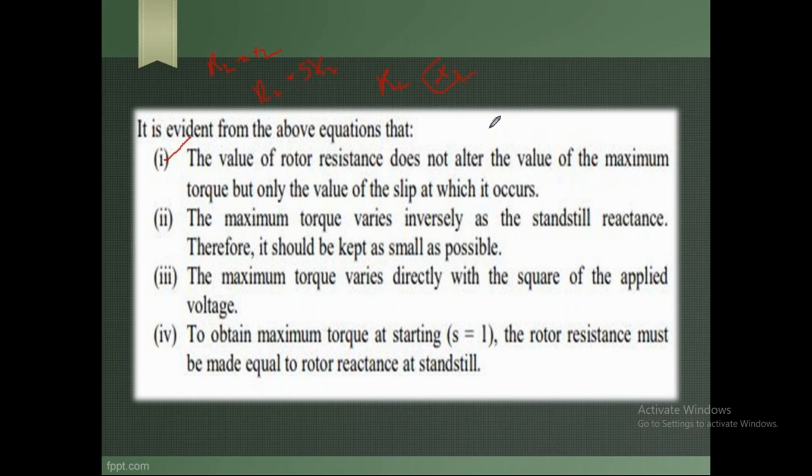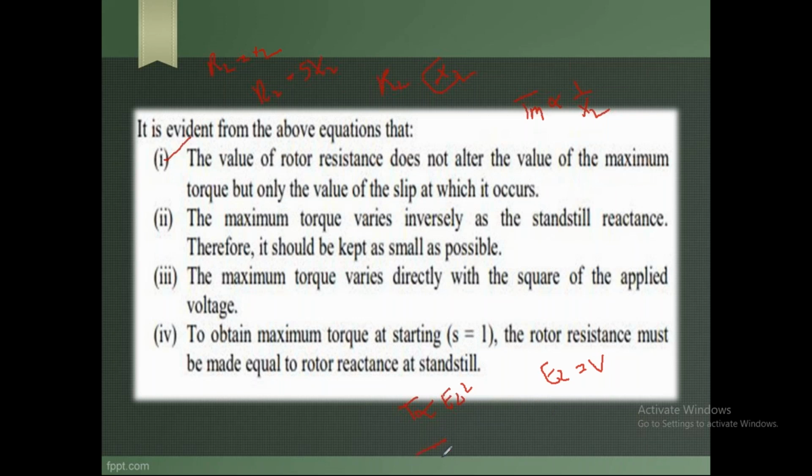Next, the maximum torque varies inversely as the standstill reactance. So Tm is inversely proportional to the reactance X2. Next, the maximum torque varies directly with the square of the applied voltage, because T is directly proportional to E2 square. Here E2 is the rotor induced EMF, which equals the supply voltage.